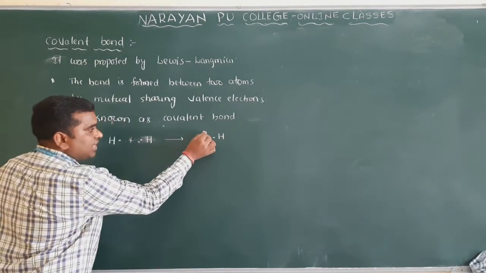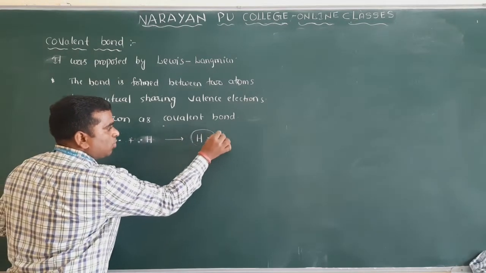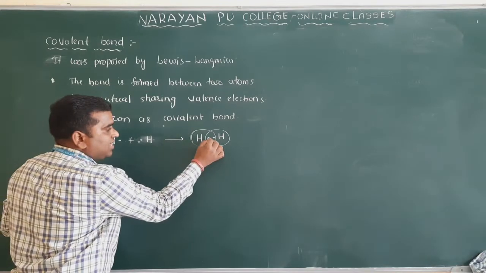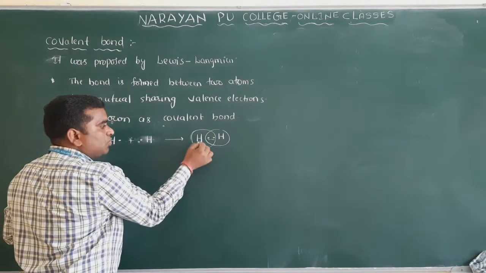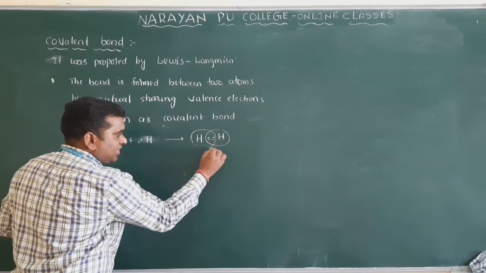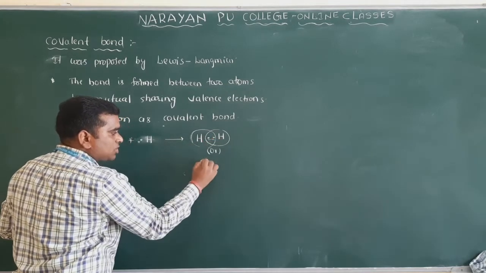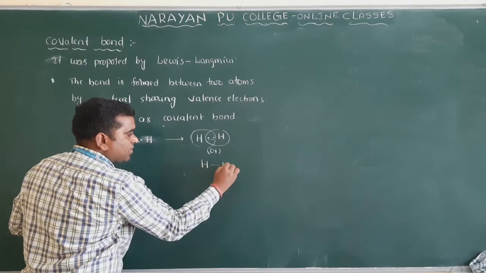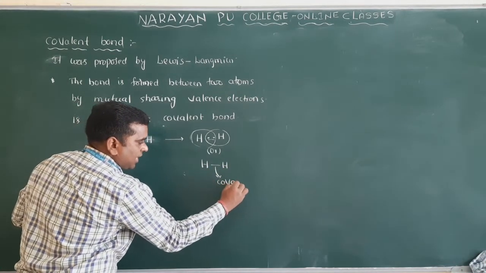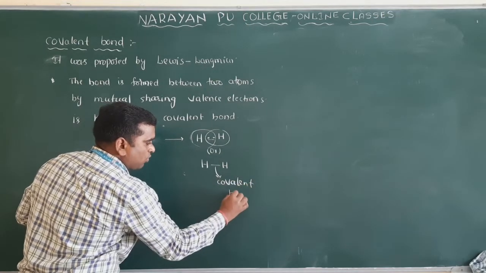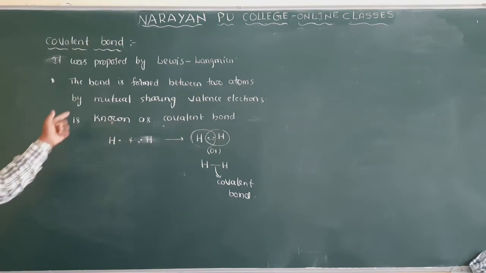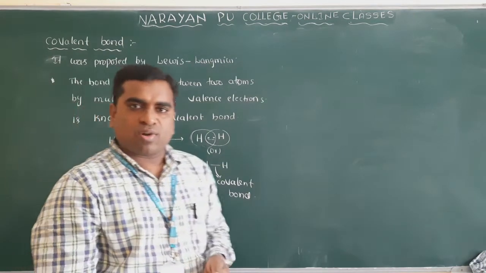Now this hydrogen is in the doublet, and this hydrogen is also in the doublet. These two electrons are mutually shared by the two hydrogen atoms, which we represent as a single bond, and this bond we call a covalent bond.